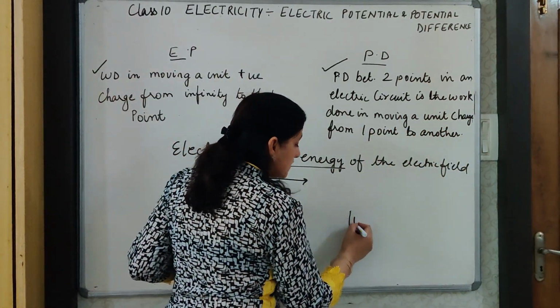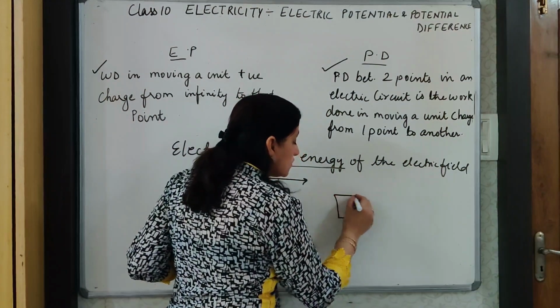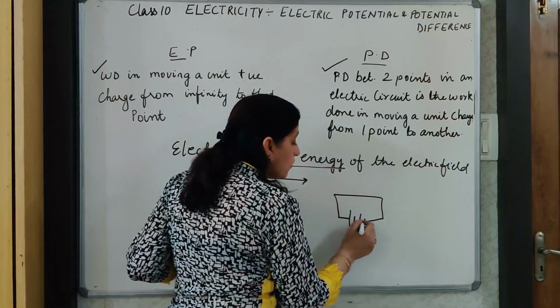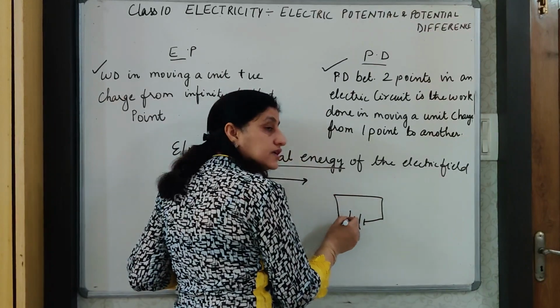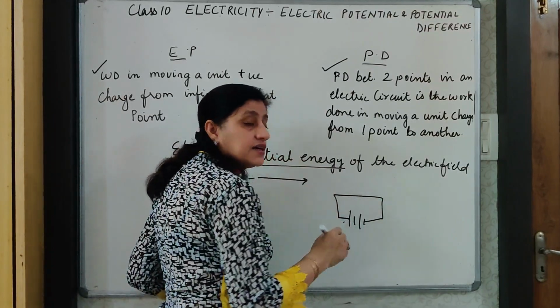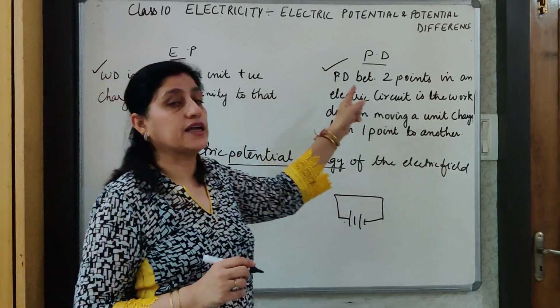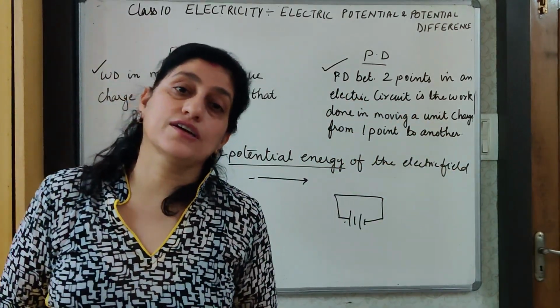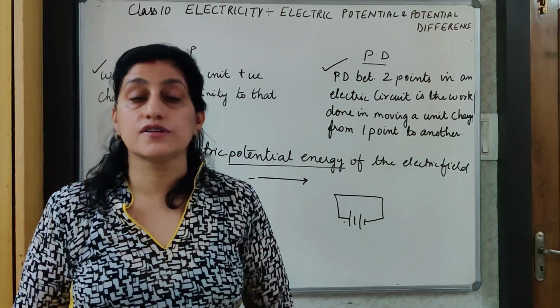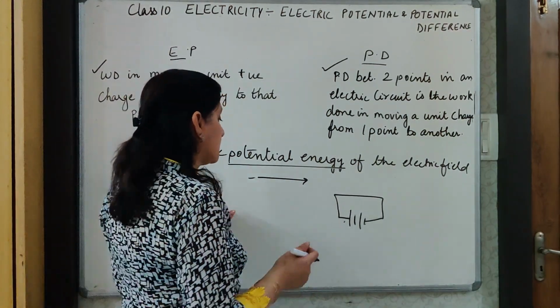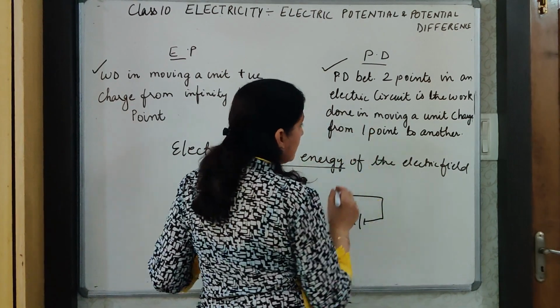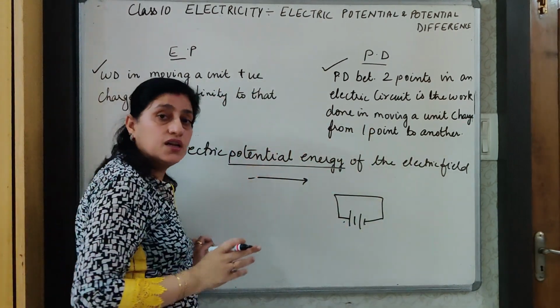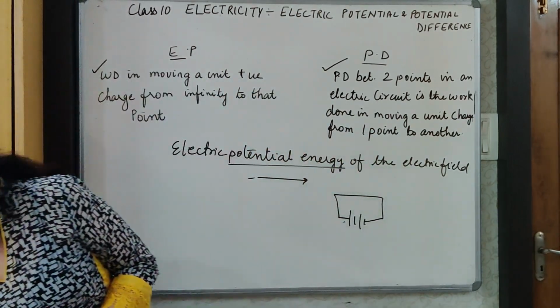Suppose we have a circuit and this is the battery. So the electric charges have to flow from one point to the other, and the work done by this will give you the potential difference. More the potential difference, more the electric current, lesser the potential difference, lesser is the electric current. So this is about electric potential and potential difference.